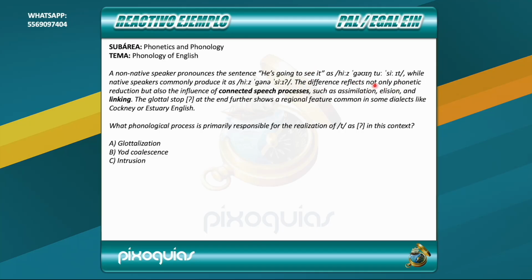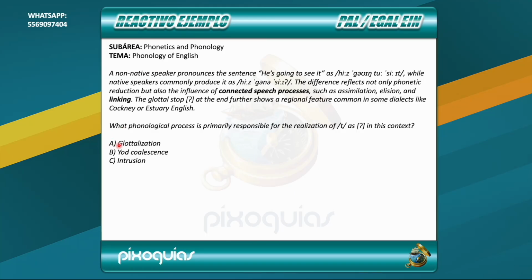The difference reflects not only phonetic reduction but also the influence of connected speech processes such as assimilation, elision, and linking. The glottal stop at the end further shows a regional feature common in some dialects like Cockney or Estuary English. What phonological process is primarily responsible for the realization of T as a glottal stop in this context?